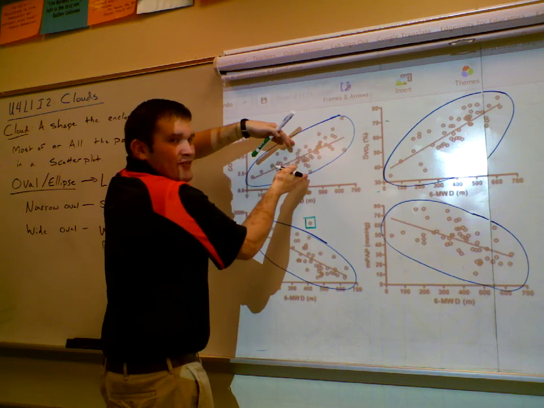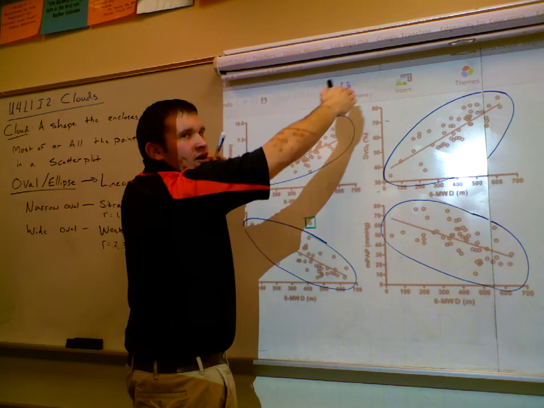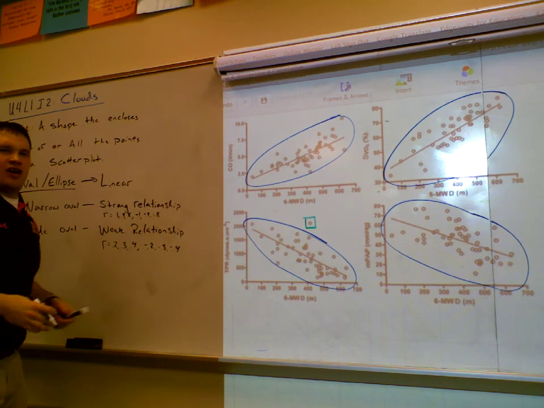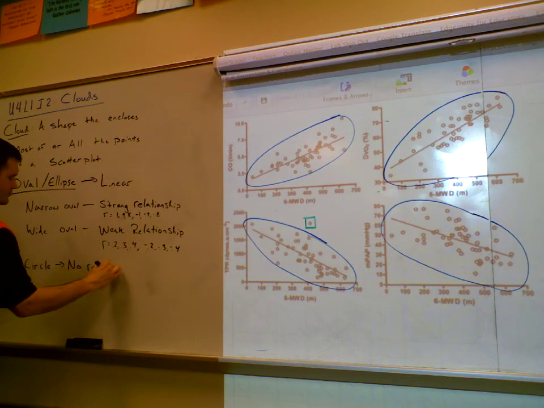So if I make this oval so wide that it is as wide as it is long, what am I going to have? A circle. So what type of R value would a circle have? Oh, it would not have 1. 0. It's no relationship. So if we have a circle cloud, that means no relationship.